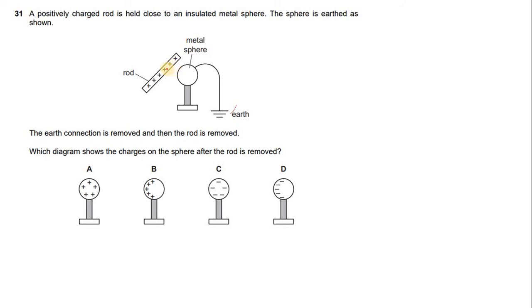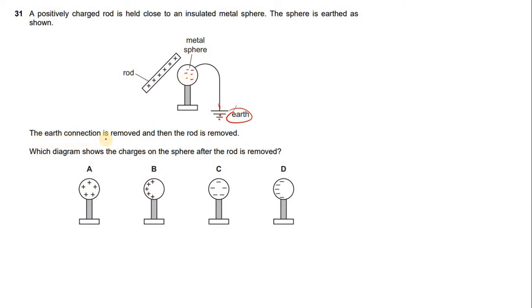So what happens? The earth is a source of negative charge. So from earth, electrons start going into the metal. We have negative charges coming into the metal, so the sphere becomes negatively charged. First thing, move on.